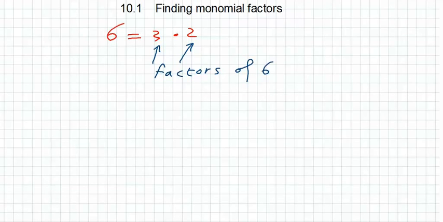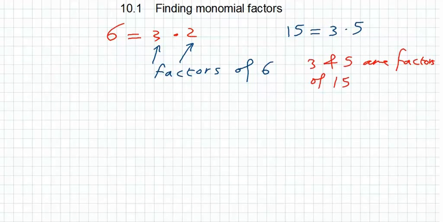The same, for example, 15 is equal to 3 times 5. And the same, 3 and 5 are factors of 15. Finding factors, we call it factorization. So, to factor a number is to write it as a product of 2 numbers which are more simple.